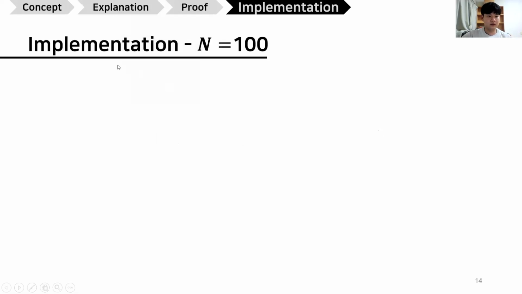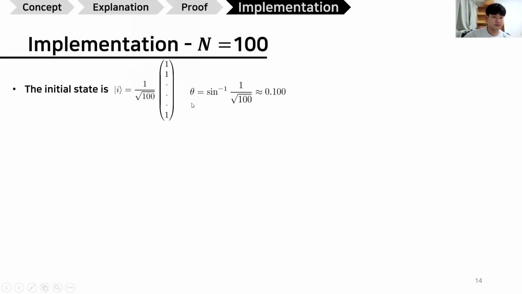So I implemented this algorithm on my computer. I used Python. There's a total of 100 data items, so the initial state is 1 over square root of 100, and all probabilities are the same.